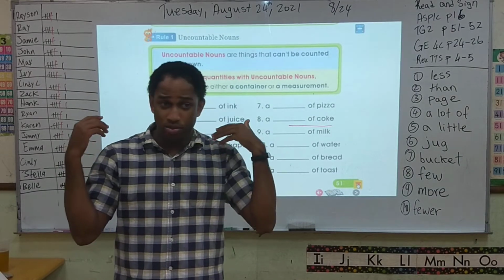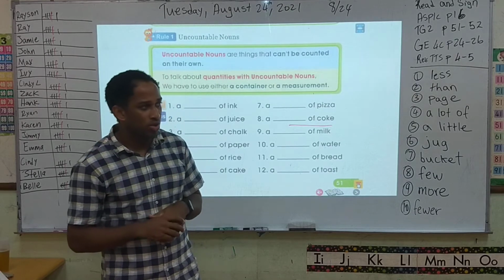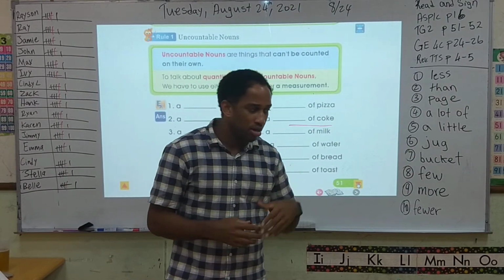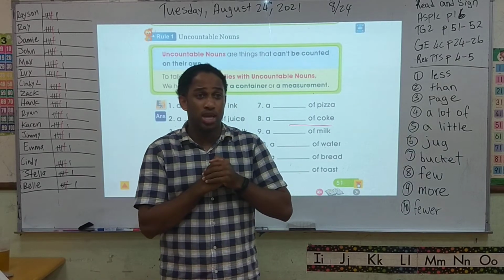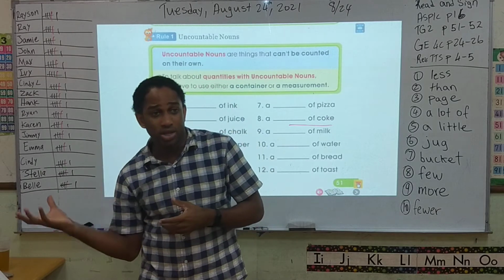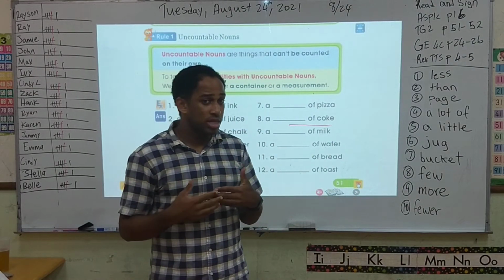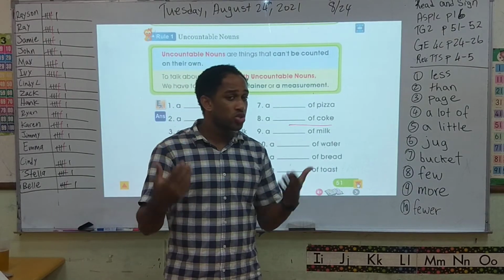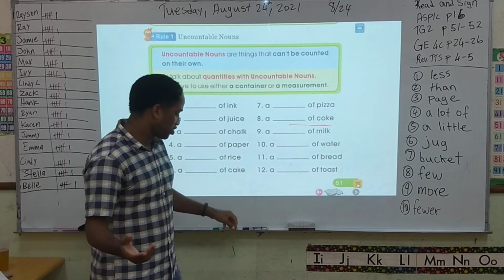Today we're going to learn some containers and measurements. For example, a bowl of rice or a bag of rice, a glass of water or a bottle of water, a can of Coke or a bottle of Coke.